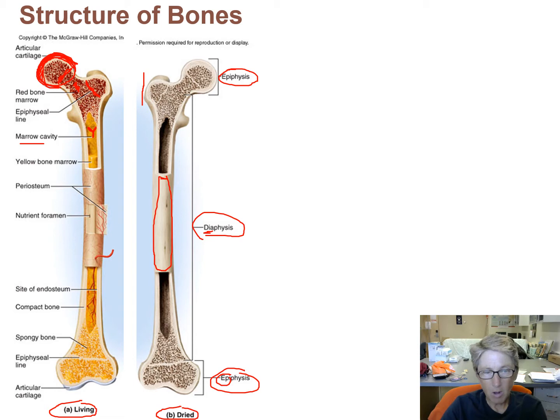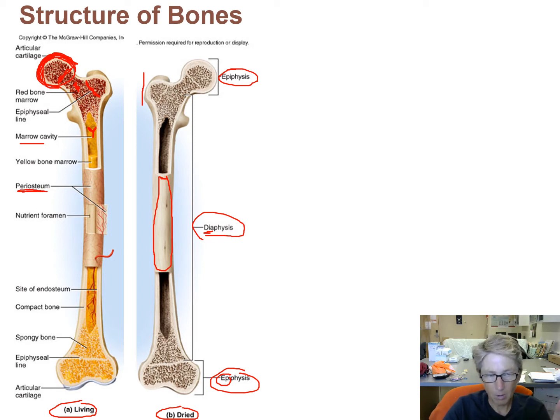And then on top of the bone, remember in the cartilage, there was a covering that surrounded the cartilage. Well, there's the same thing on the bone.